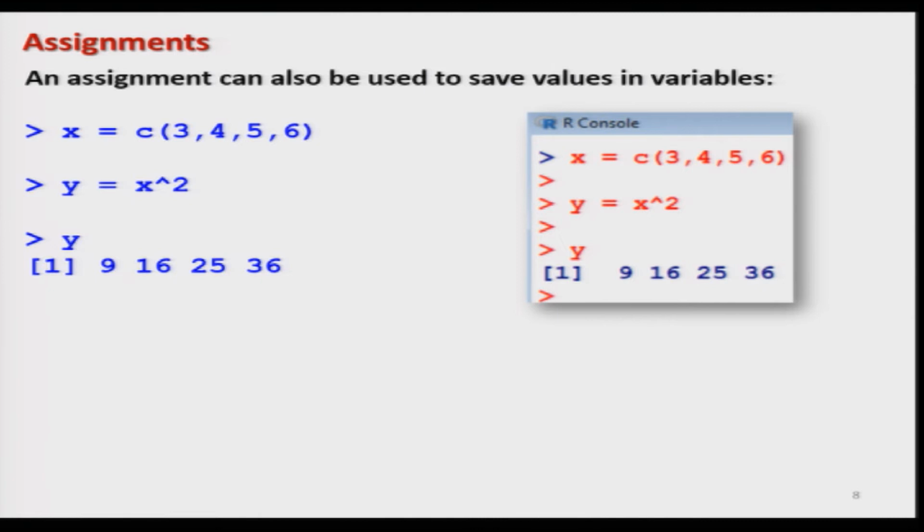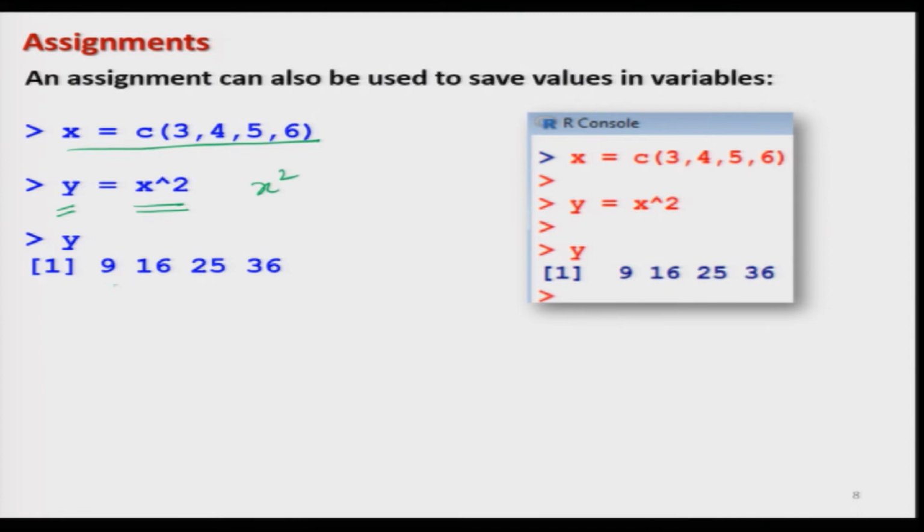Now, let us consider some more commands. Suppose I have a variable which is also in the form of a data vector, where the inputs are going to be in the form of a data vector. Now you can see that x is equal to 3, 4, 5, 6, that is my data vector. And if I define a new variable y, which is simply x^2, that is x square, this also can be done.